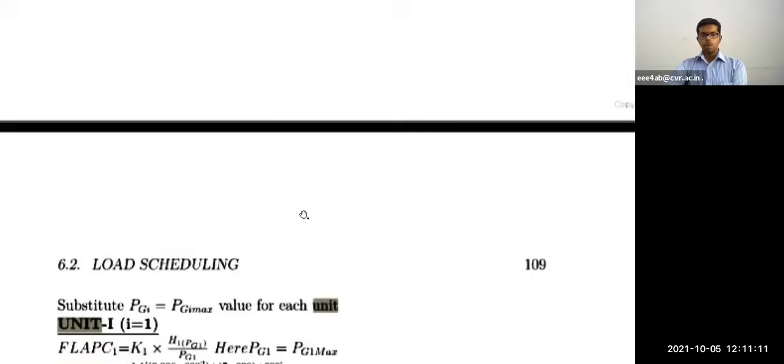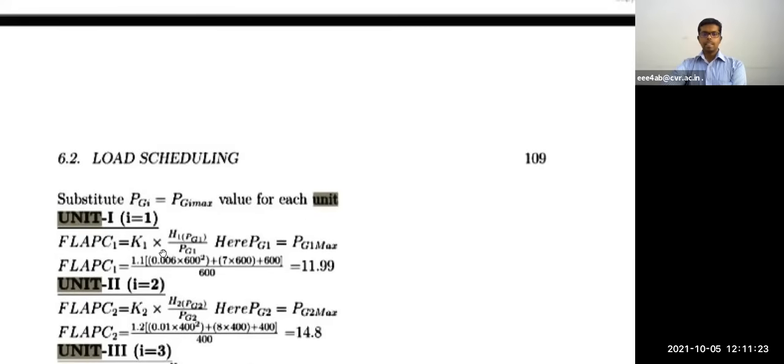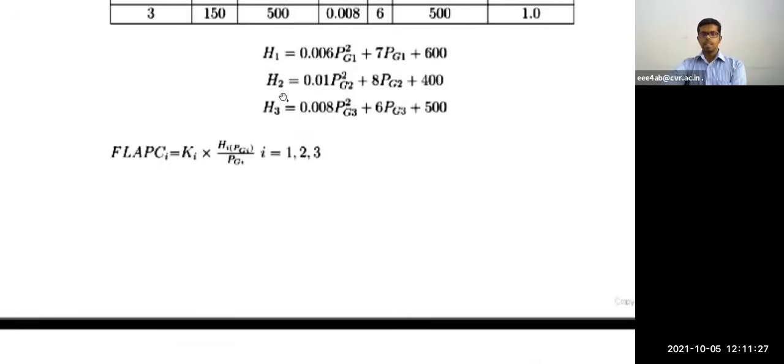So here we are taking PG1 as PGI maximum, that is 600 megawatt. By substituting 600 megawatt, the heat rate is already given: H1 is 0.006 PG1 square plus H7 into PG1 plus 600.